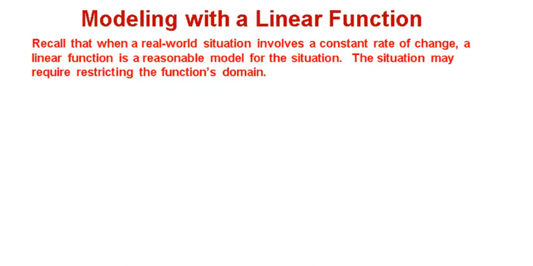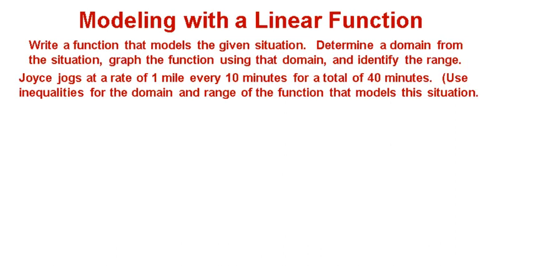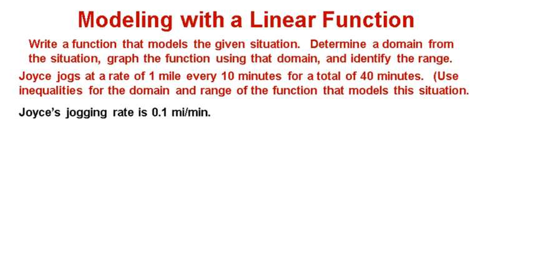Modeling with linear functions. Recall that when a real-world function involves a constant rate of change, a linear function is a reasonable model for the situation. The situation may require restricting the function's domain. And here we have Joyce jogging 1 mile every 10 minutes for a total of 40 minutes, using inequalities for domain and range that model the situation. So Joyce's jogging rate is 0.1 miles per minute.